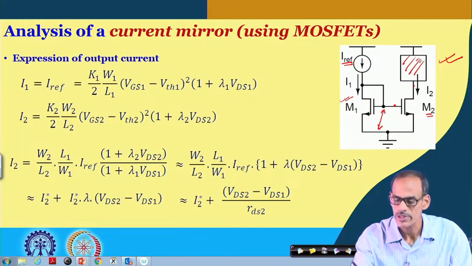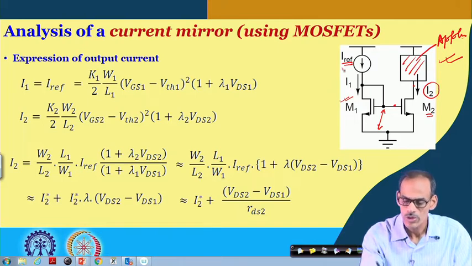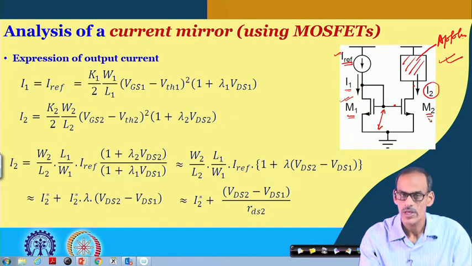So, this is the application circuit, and we would like to get the expression of the current I 2 in terms of the reference current, or you can say I 1, and then the size ratio of M 1 and M 2.